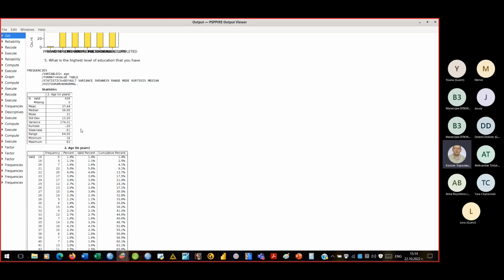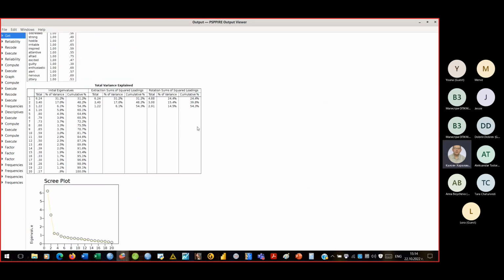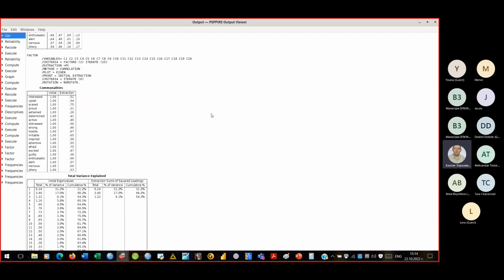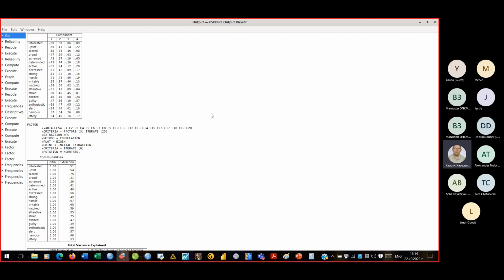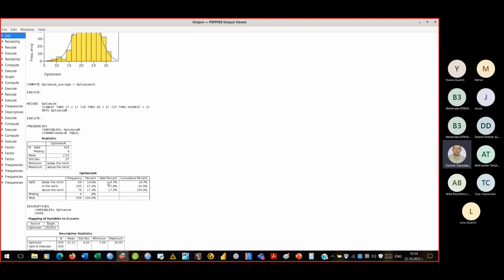So first we made histogram with a normal distribution on it, and compare empirical distribution with normal distribution. Second, we calculated a percentage below the norm, in the norm, and above the norm. We compare these numbers with 16%, 68%, and 16%.